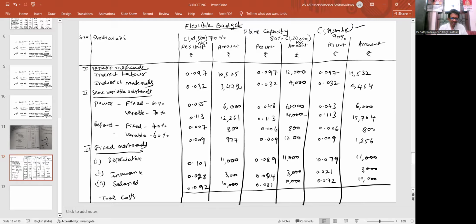Now I am going to add the per unit column for 70%. 0.097 plus 0.032 plus 0.055 plus 0.113 plus 0.007 plus 0.009 plus 0.101 plus 0.028 plus 0.092. 0.534.